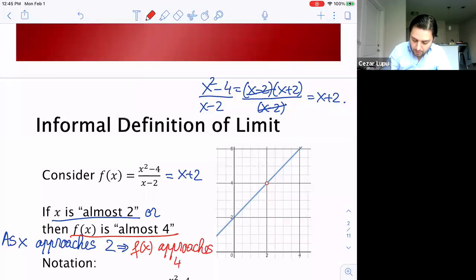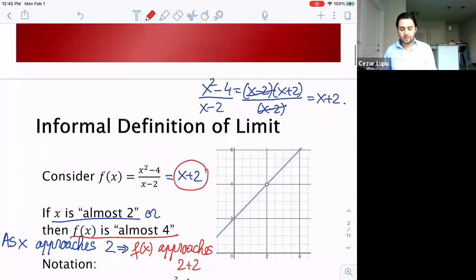Well, approaches 2 plus 2, let me write it in this way, which is 4. Right? Because keep in mind that f of x is nothing else than just x plus 2. Just look at it here, right? And as you can see, sketched on the graph, x plus 2 is nothing else than a line, right? And you see the point here, right?